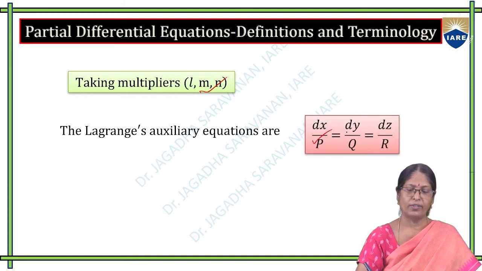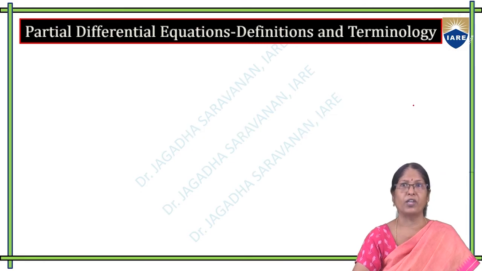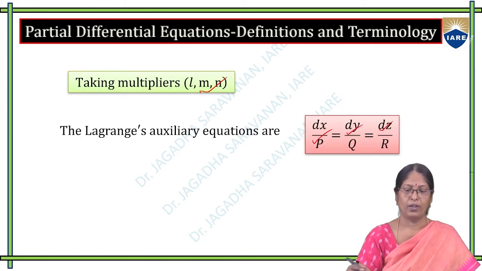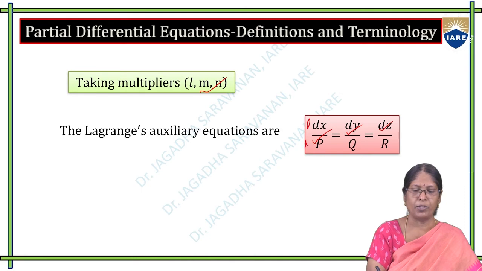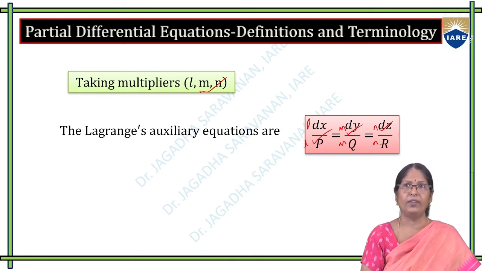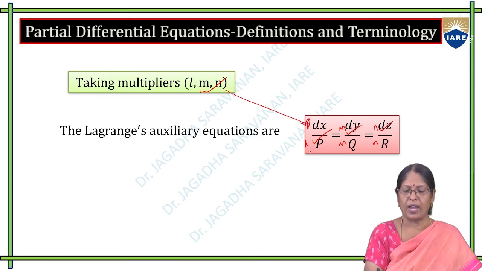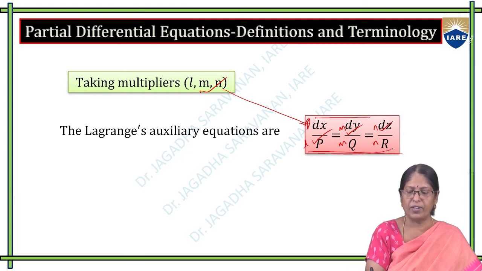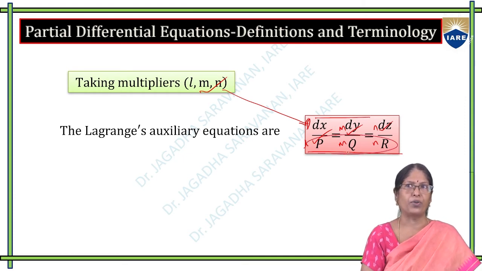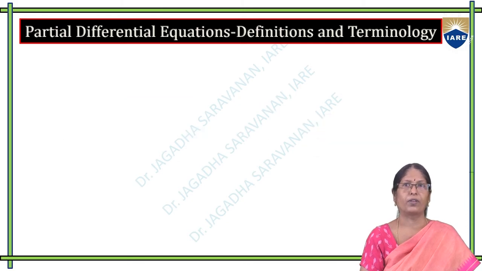Here we know this is our Lagrange's auxiliary equations. So we have to multiply l, m, n. This is the way the multiplication is to be done, and we add the denominators and numerators. Compulsorily, the denominator we have to get as 0. So this is how the definition is defined, as we discussed here.